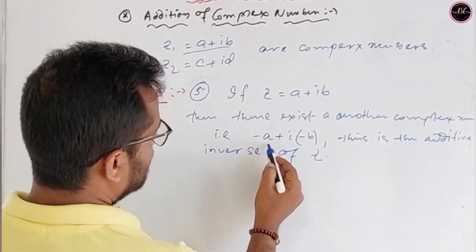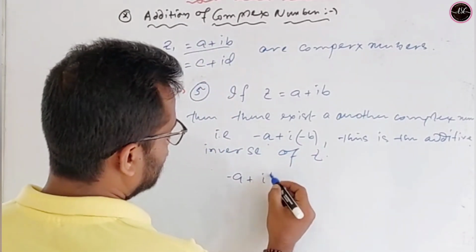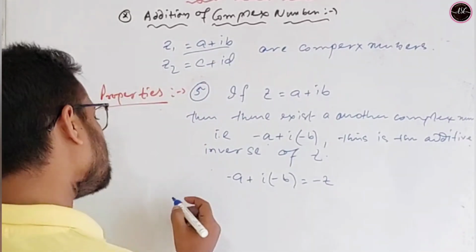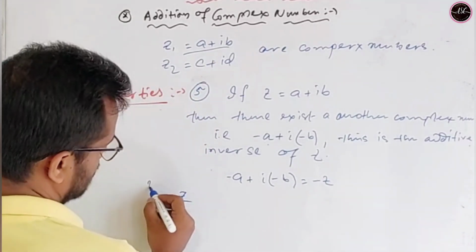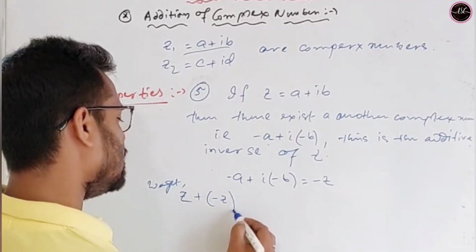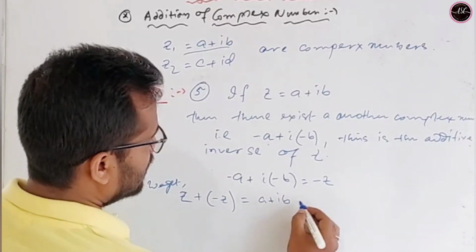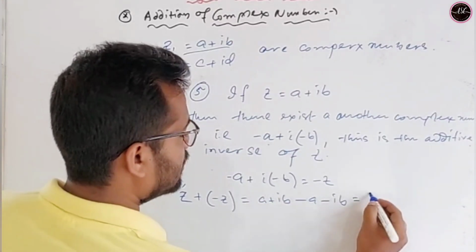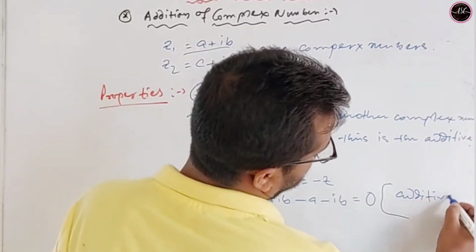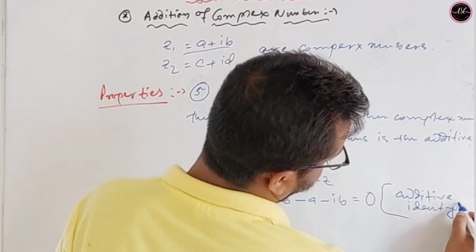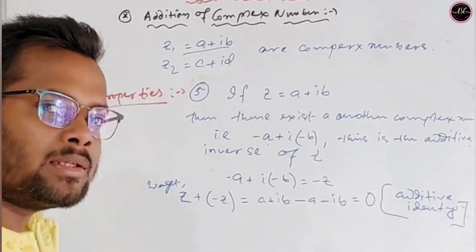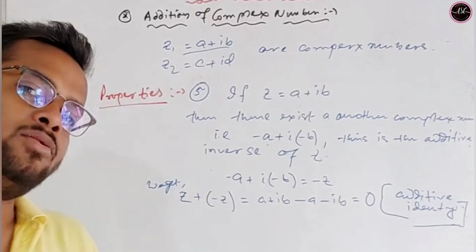That means minus a plus i of minus b equals minus of z. So if we write z plus minus of z equal to a plus ib minus a minus ib, that means 0, the additive identity. If there is addition between a complex number and its additive inverse, then the result will be the additive identity. This would be a short question.